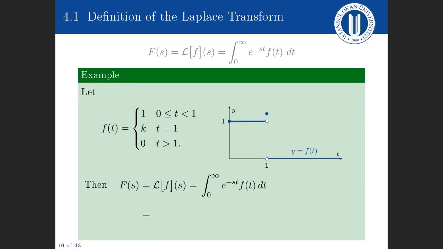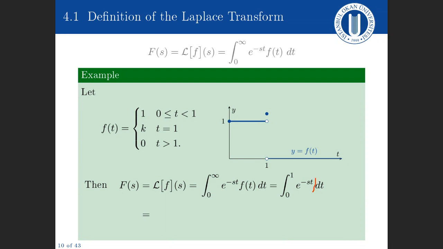So we have the integral from 0 to infinity, e to the power minus st, f of t dt. When we do the integral, we don't care about the value of the function at 1. We can forget about that. We're only interested in the two pieces, between 0 and 1 and between 1 and infinity. Between 0 and 1, the function is equal to 1, so it's the integral of e to the power minus st multiplied by 1.